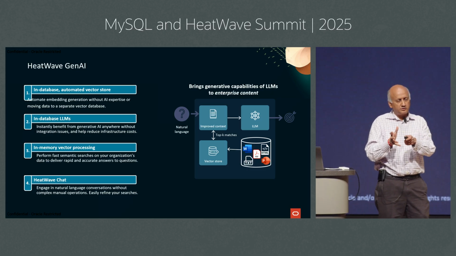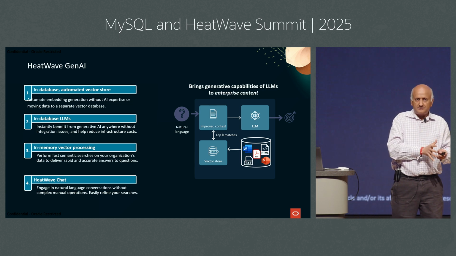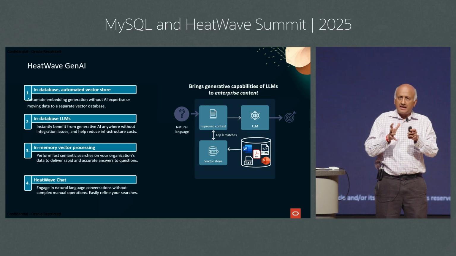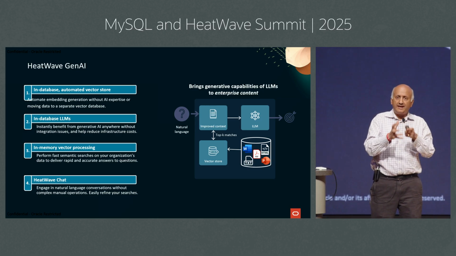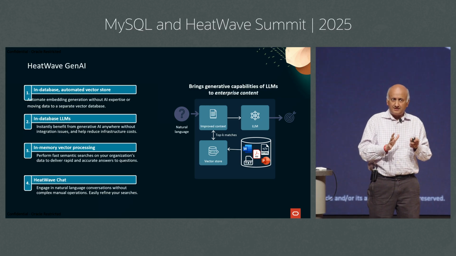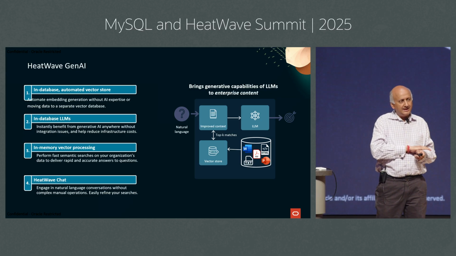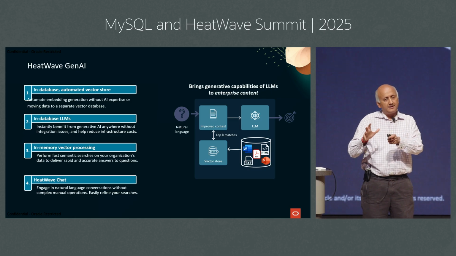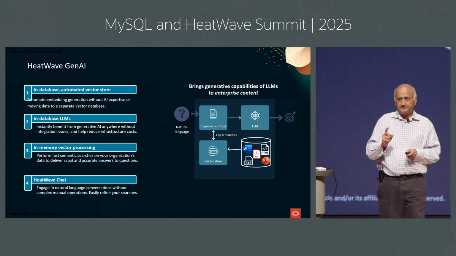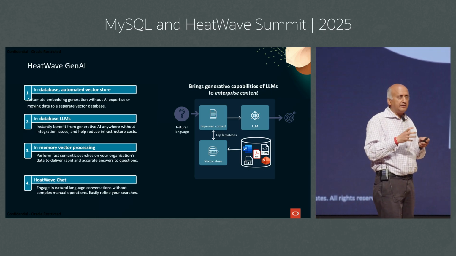HeatWave reads those documents, does all the processing that is required, parsing, encoding, segmentation, creation of the vector store, and creates the vector store back in the object store. So all the processing is happening inside HeatWave without requiring any external software or external hardware, but the data starts off from the object store and gets back to the object store. That's the first capability.